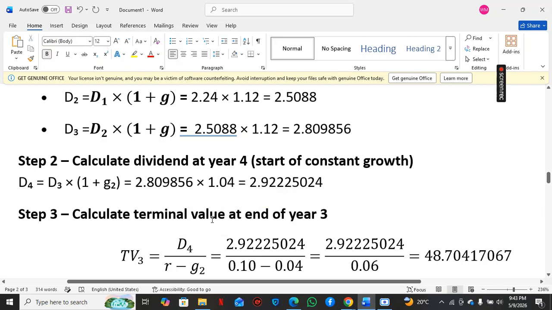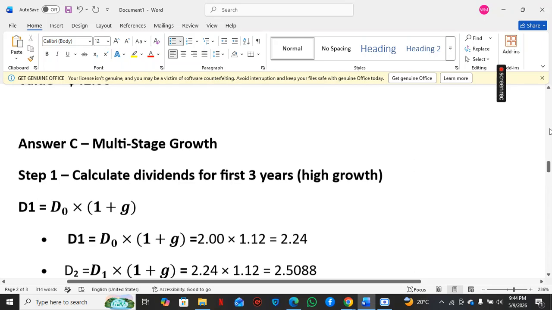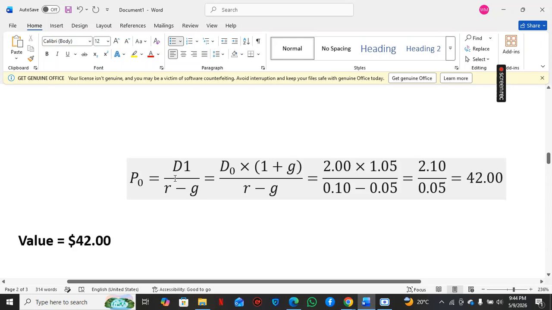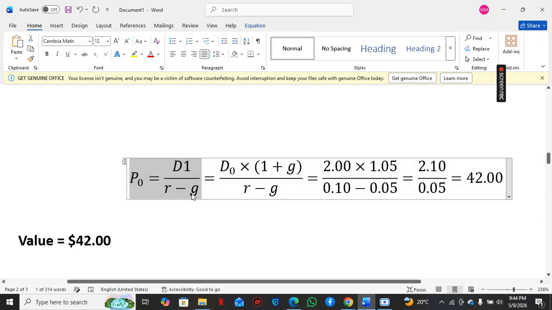This terminal value represents all the dividends after year four, starting from year four onwards, the value of all those dividends. It's the same formula we're using for the constant growth phase, this same formula that we're using for the terminal value.